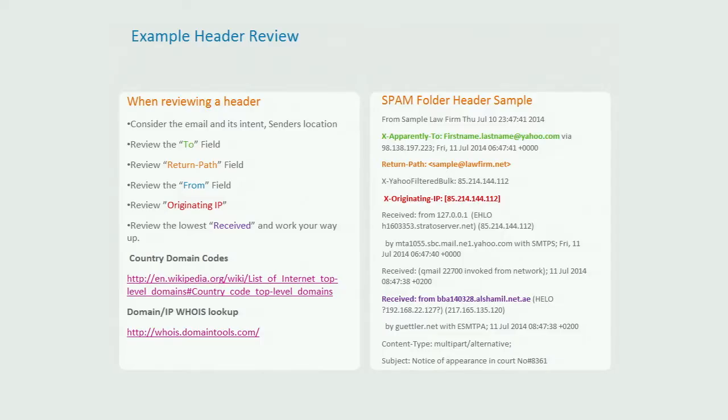And one of the other ones that I have there is when you're looking at the received from. Now, there's a lot of stuff in that portion of the header, but looking at the bottom of the received from and working your way up, you will see where it's coming from and where it's bouncing to get to your inbox. Now, this example right here actually shows that it's coming from a different country code at .ae.